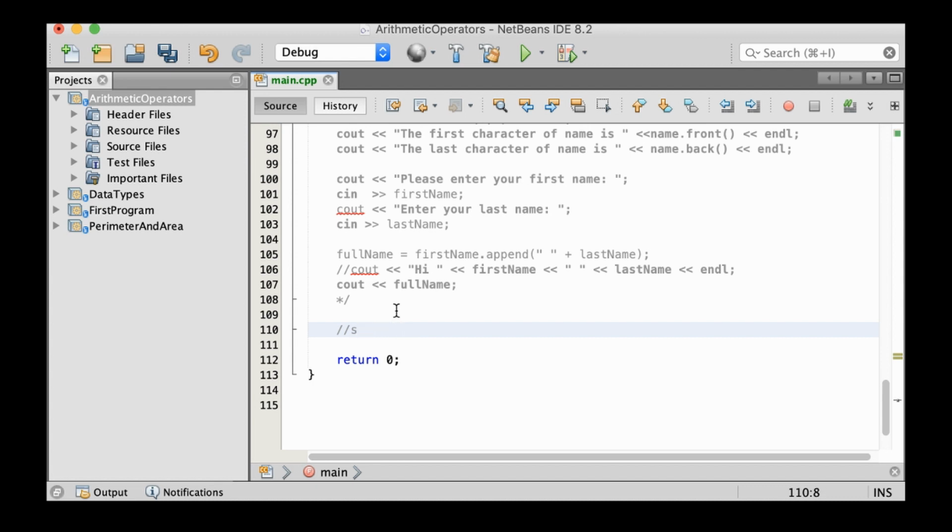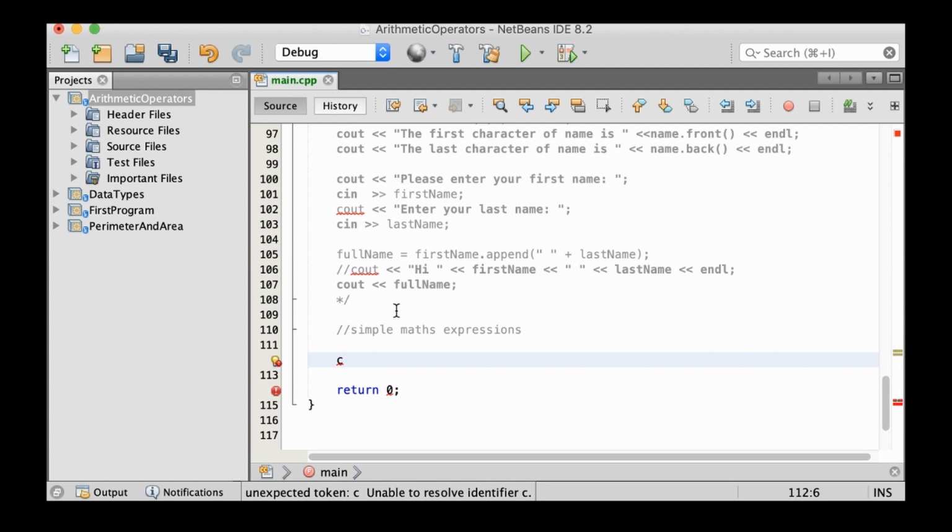So let's see, simple math expressions. You can do something like, what is the sine of 60? So let me print sine 60. Yes, you can do sine 60. What is sine 60?